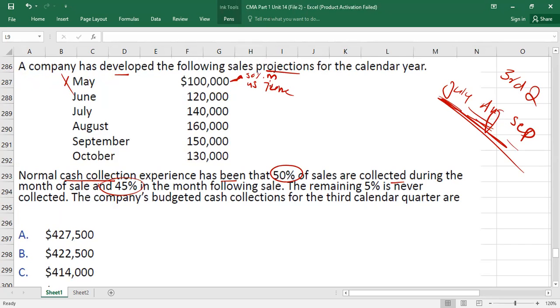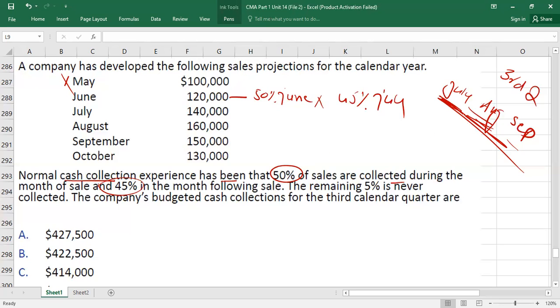Then you will pick June sale. What is the experience of collection? 50% you will receive in June, which we do not need because we need July. Then 45% you will collect in July, because June sales times 45% will be collected in July. So this is what we need.